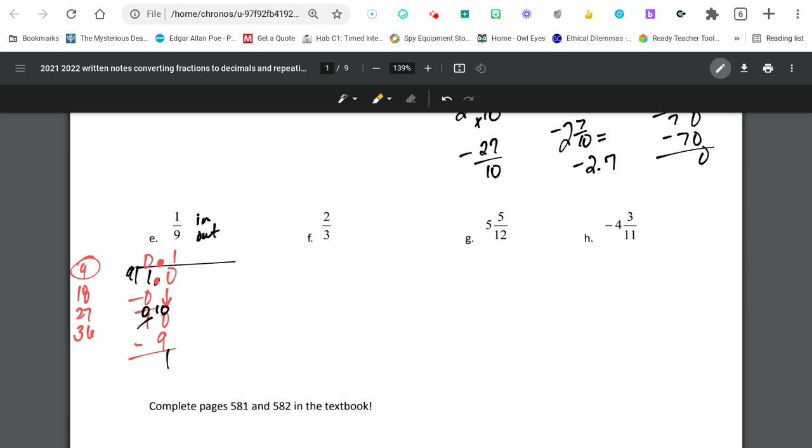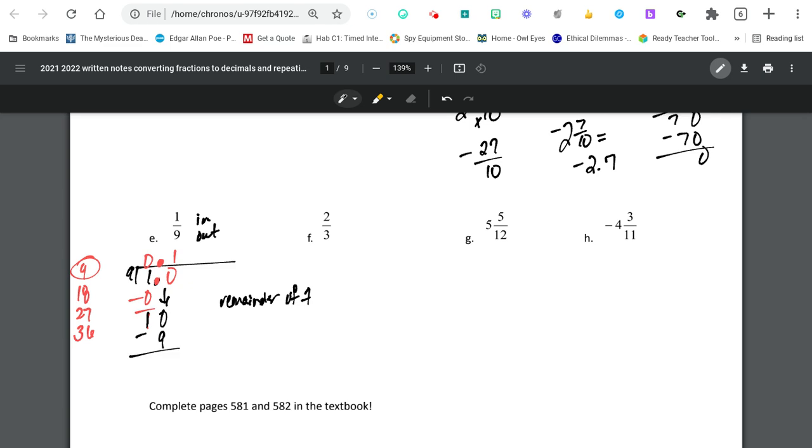So I want you to notice something, guys. I'm gonna backtrack. When I subtracted, I got a 1. My remainder here was 1, and then I brought down. And then I said, how many groups of 9 can I get out of 10? 1.